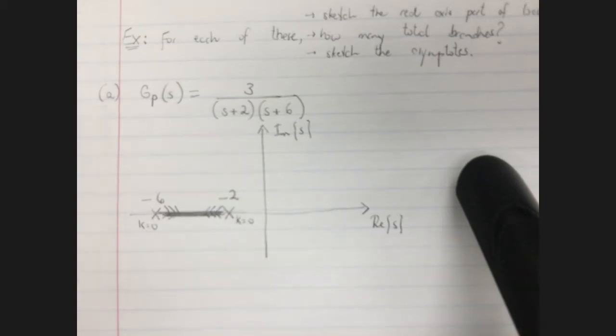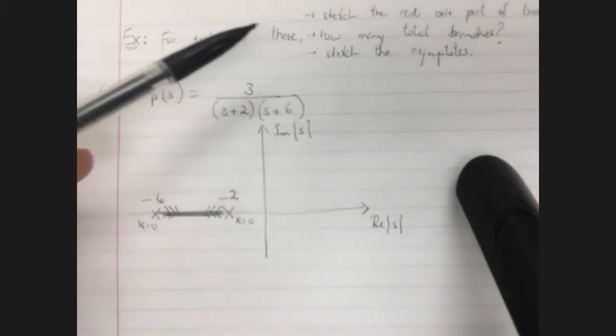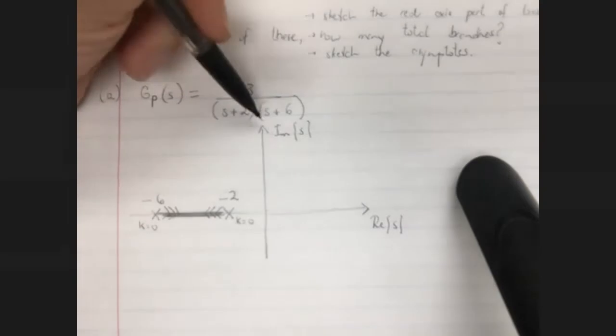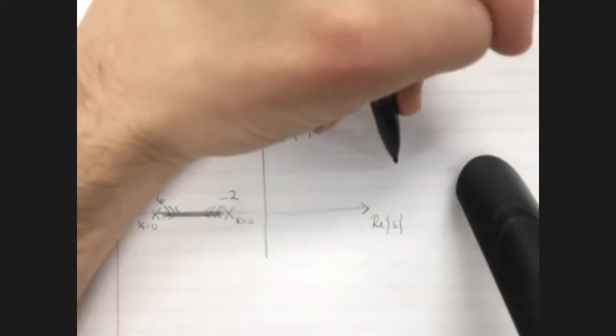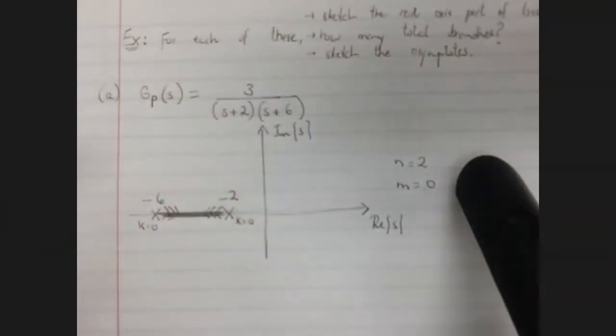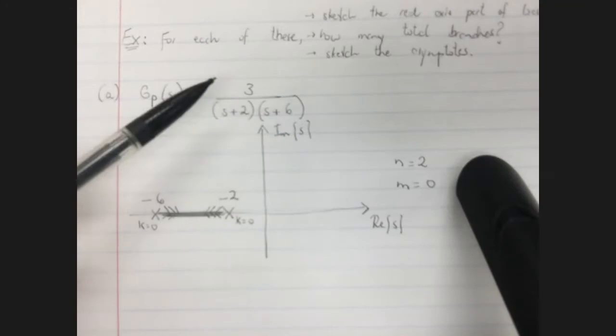Now, in terms of total branches, let's hear from somebody in the class. How many total branches do you expect here, Evan? 2. Evan tells me there's 2, and that's correct. So notice we've got n equals 2, we've got 2 poles, and m equals 0 because we've got no zeros.